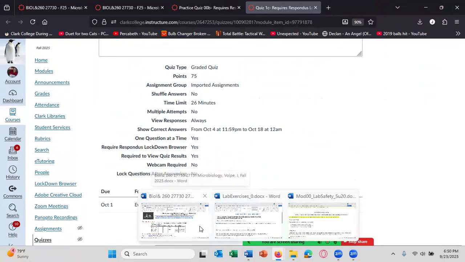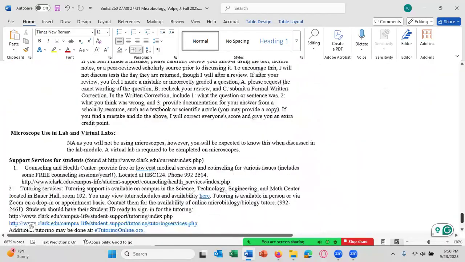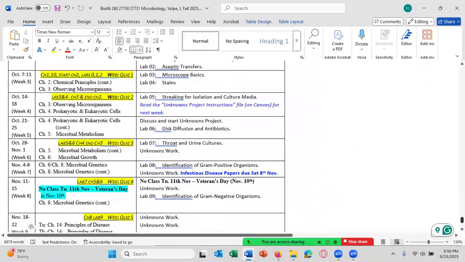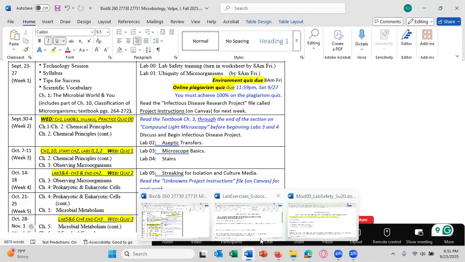Look at the syllabus here. This quiz should be Wednesday, like September 31st. And then quiz one should be like October 8th. So that's wrong. All my quizzes have the wrong date.